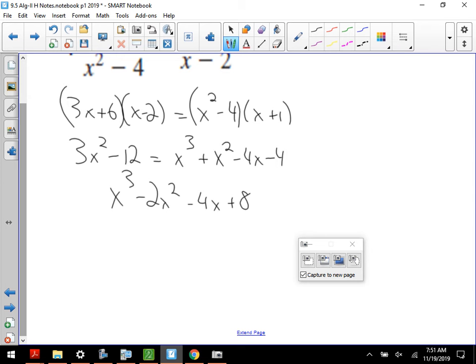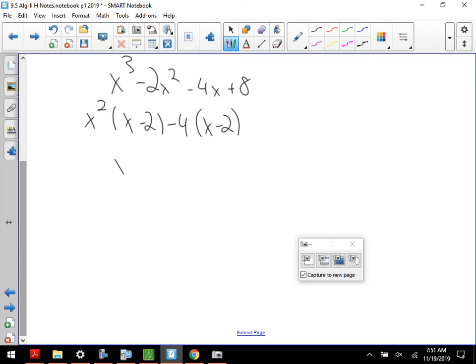And now you can factor it via grouping. Just like you have in the past, it hasn't changed. So you're back to, so you have multiplicity at 2, and you have negative 2. Makes sense, because third degree polynomial, you have 3 zeros.